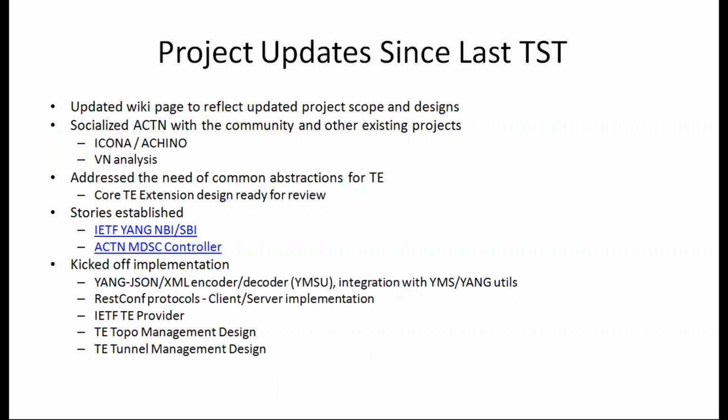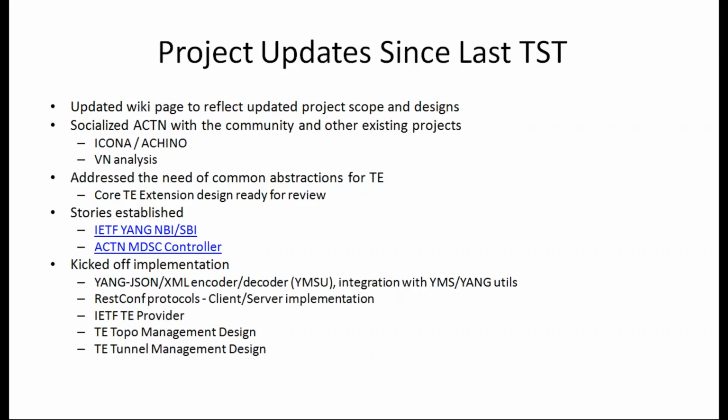The two primary projects that we analyzed and socialized are the ICONA project. While talking with the ICONA folks, they also introduced the Aquino project, which is an EU project, but has some consideration for IP optical integration.